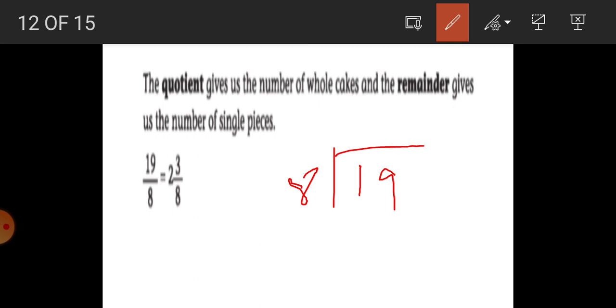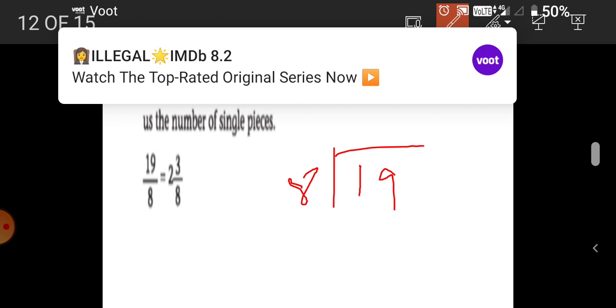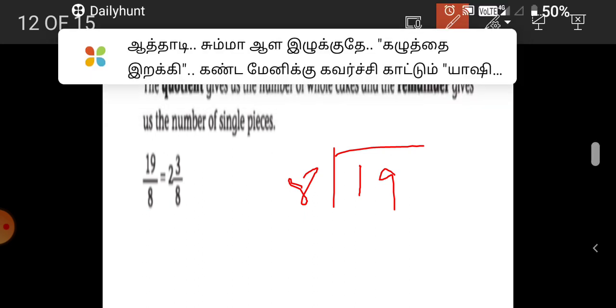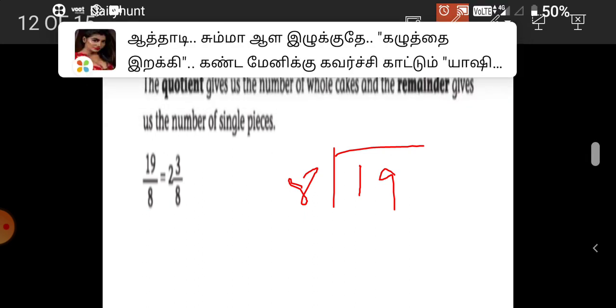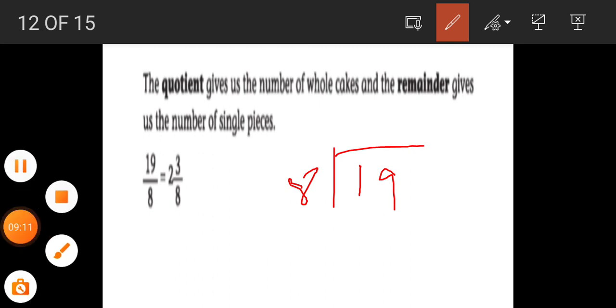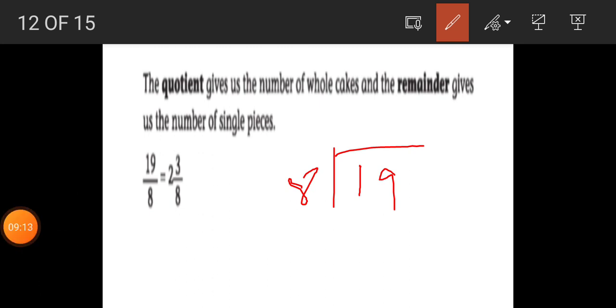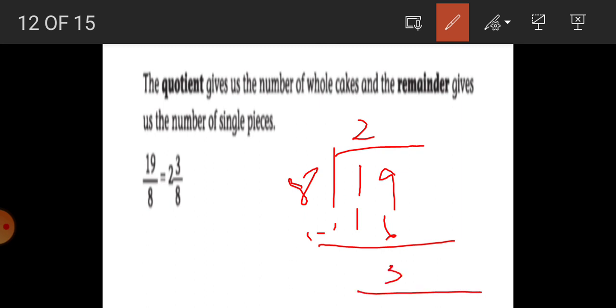So we have used two cakes, and then 3 as the numerator because it is the remainder, then the divisor stays as the divisor. So the quotient gives us the number of whole cakes and the remainder gives us the number of single pieces. So in this way we write the mixed fraction.